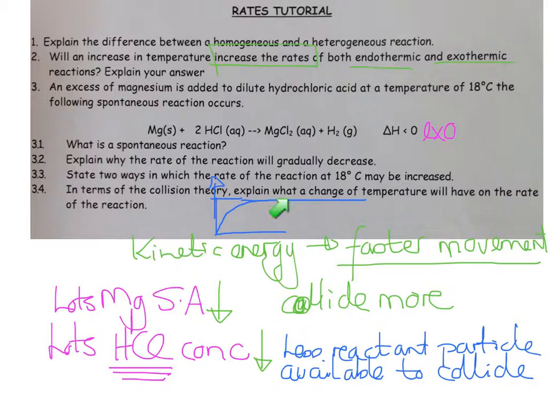In terms of collision theory, explain what effect a change in temperature will have on the rate of the reaction. And you have to explain it. So you need to say the following.